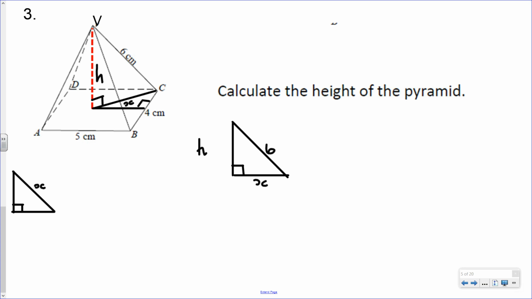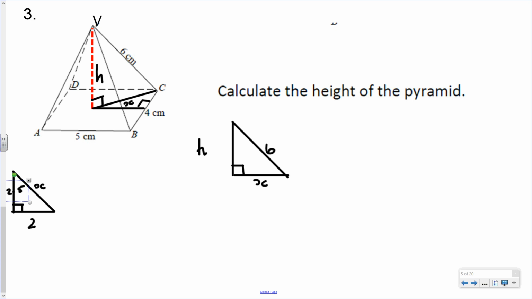That's what we're trying to find to help us with this height over here. We do know this side here measures 4 from B to C. Our right angled triangle is only half of that, which measures 2. And then the other measurement going from the side to the centre is half of 5, so this side here is going to measure 2.5.